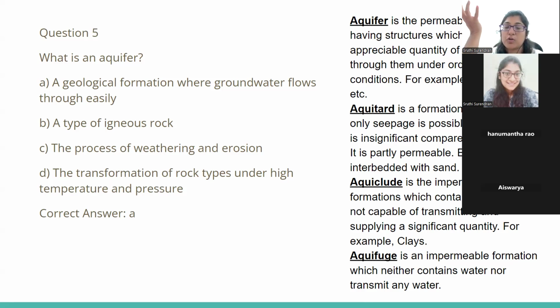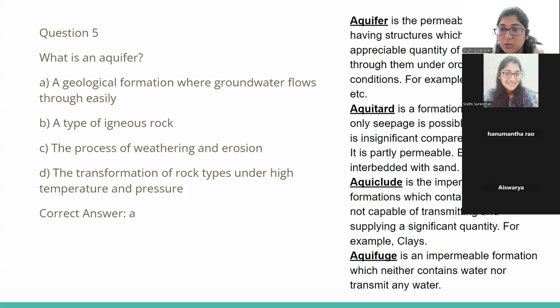When you say store, it means it can store water in it. Transmitting water means water can be extracted from it very easily, or water can flow through it very easily. That is what it means when you say that it can transmit water or it can yield water. All of these imply that the movement of water is very significant in an aquifer.